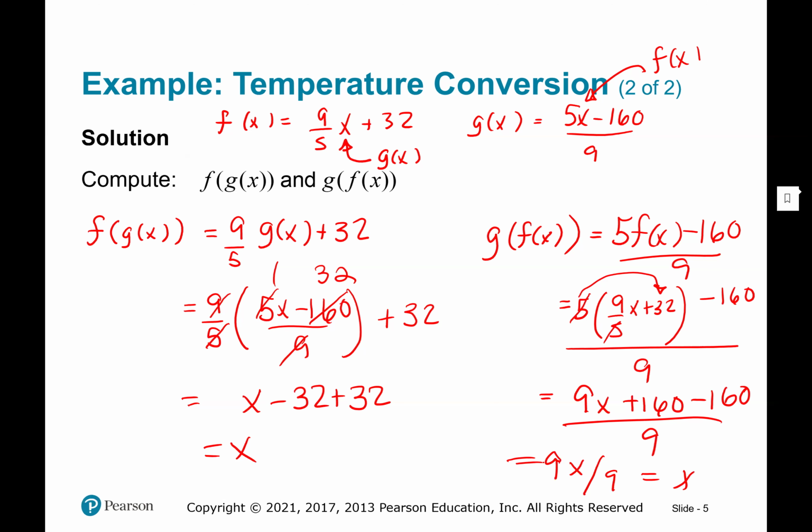And I can prove that they're inverses of each other by looking at the two composite functions. f composed with g of x, or f evaluated at g of x, and g composed with f of x, or g evaluated at f of x. If both of those things are x, then those two functions are inverses. So an inverse function undoes what the other function does. So if f takes that input, multiplies it by 9/5, and then adds 32, then g's got to do the exact opposite.